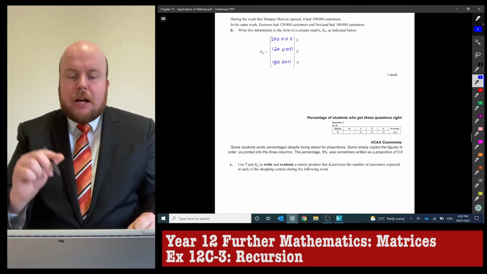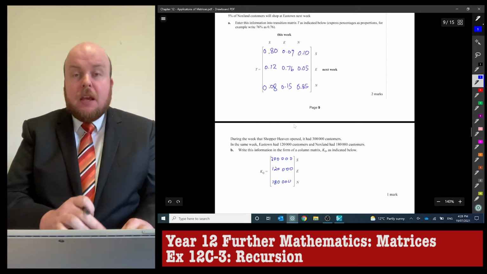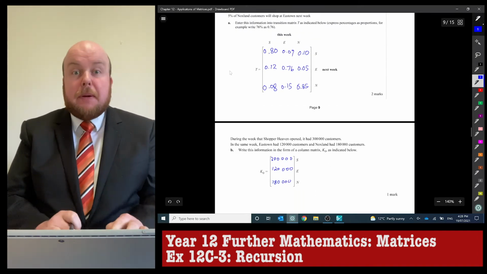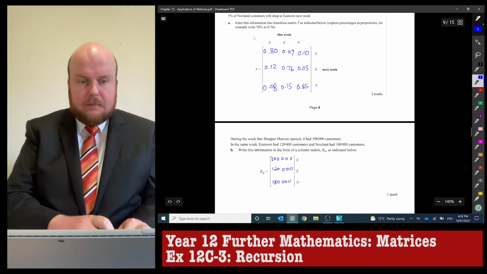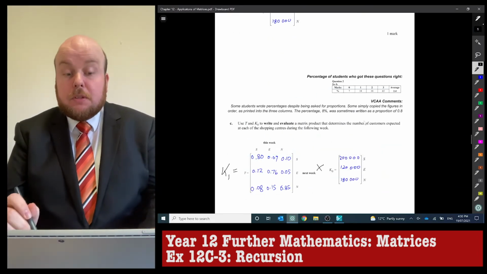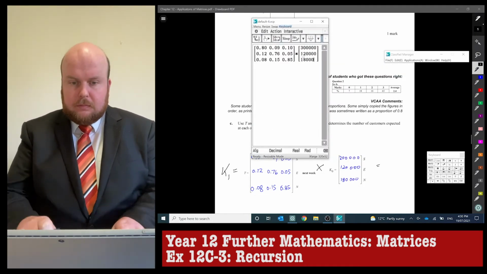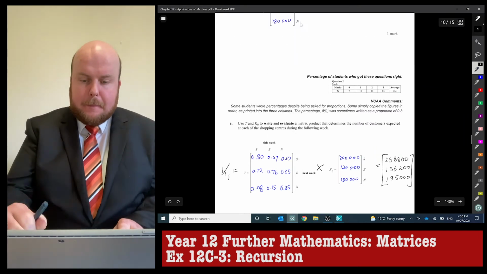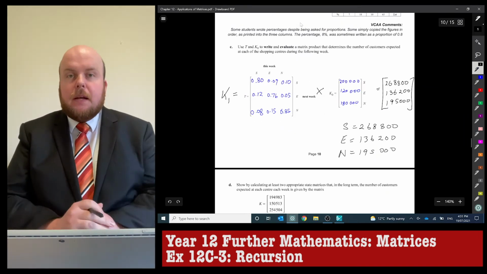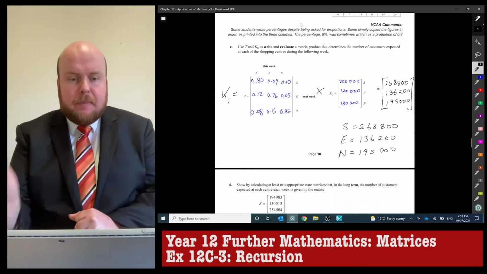As soon as it says write and evaluate a matrix product, we need to actually write this whole thing. Although I'm lazy, so I'm just going to copy and paste what I've written here. I'm going to multiply these two together. So I've made it explicitly clear which shopping centre is which and which number it is.